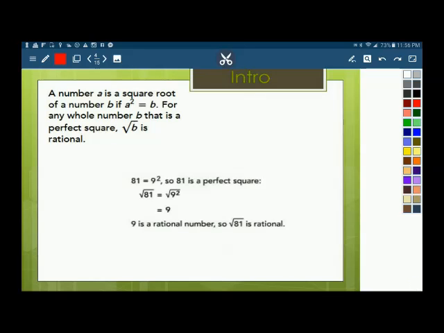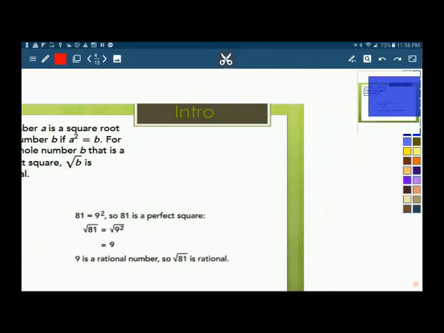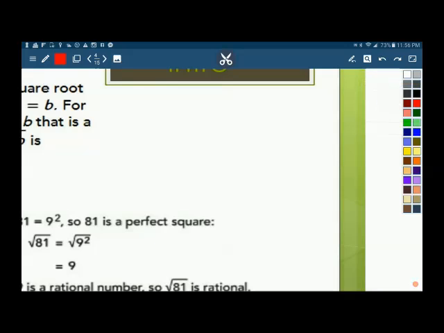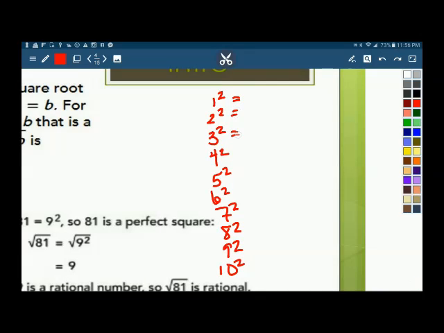So if I were to make a list before I look at this example, I'm going to square the numbers 1 through 10. So 1 squared, 2 squared, 3 squared, 4 squared, 5 squared, 6 squared, 7 squared, 8 squared, 9 squared, and 10 squared. Now really this just means we're multiplying it by itself.